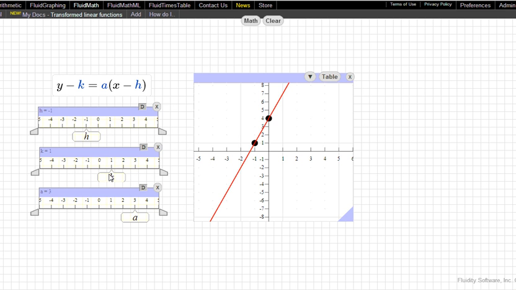Now let's consider a special case where h is equal to 0. When h is equal to 0, it does go through the point (0, 2) and has a slope of 3.